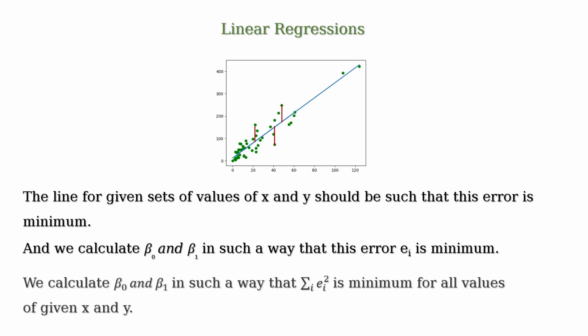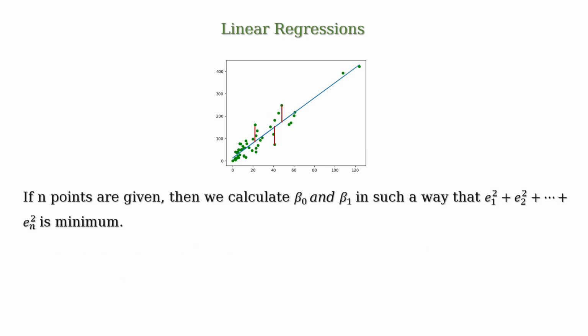In fact, we calculate beta 0 and beta 1 in such a way that summation over ei square is minimum for all values of given x and y. So, if n points are given, then we calculate beta 0 and beta 1 in such a way that e1 square plus e2 square plus e3 square plus so on is minimum.